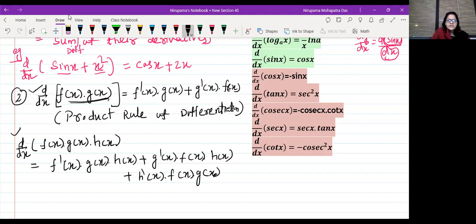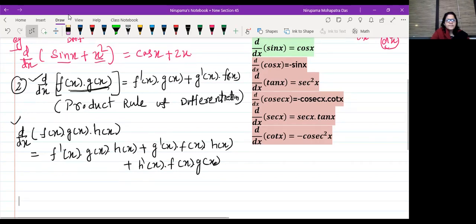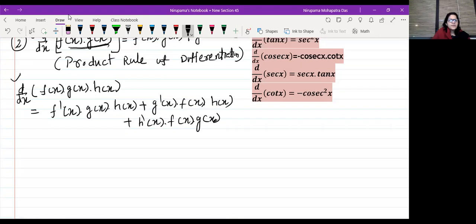Then the third one is, if you have to find d by dx of f(x) by g(x), quotient of two functions.